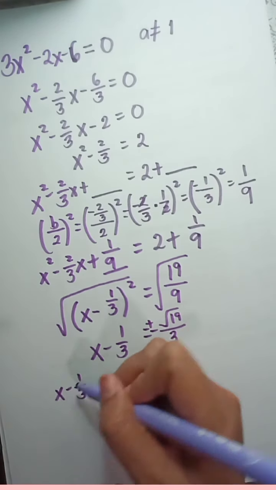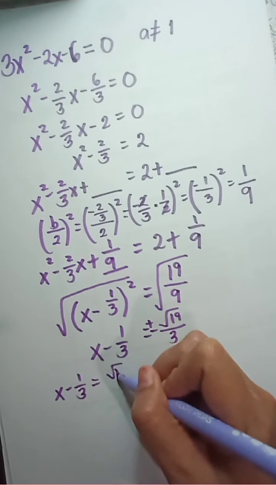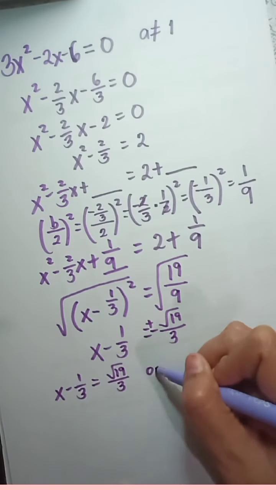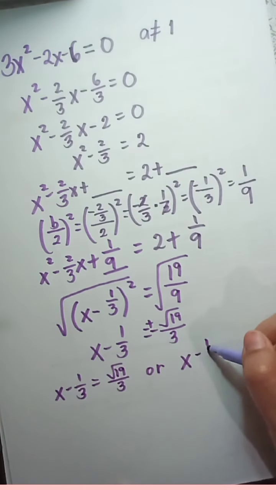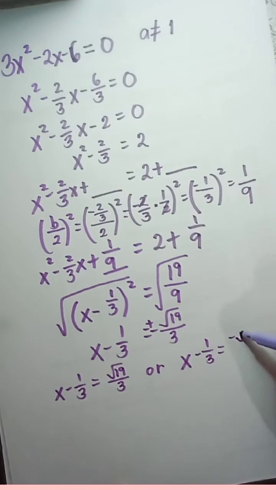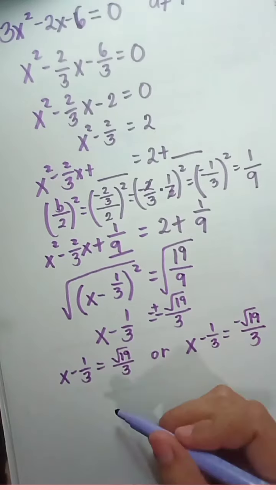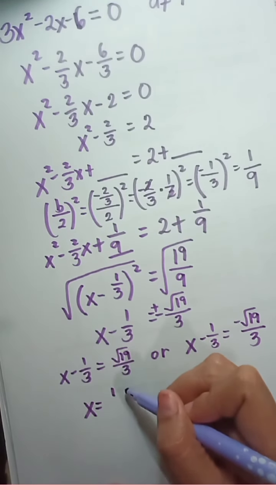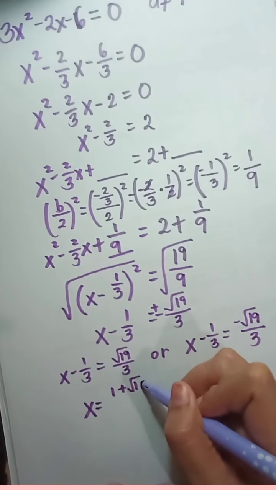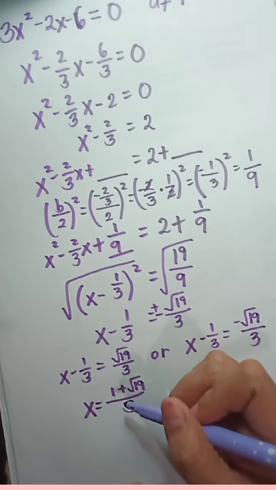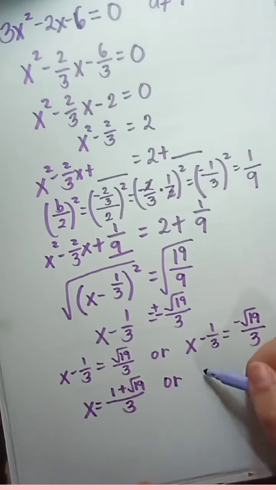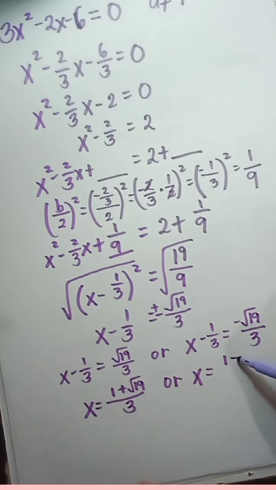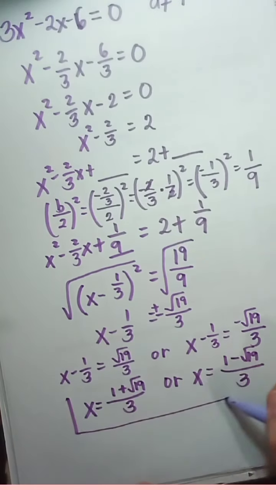So our two solutions would be x minus 1 third equals positive square root of 19 over 3, or x minus 1 third is equal to negative square root of 19 over 3. And then we just simplify it. So we have x is equal to 1 plus square root of 19 over 3, or x is equal to 1 minus square root of 19 over 3.